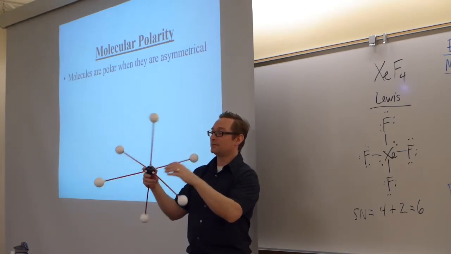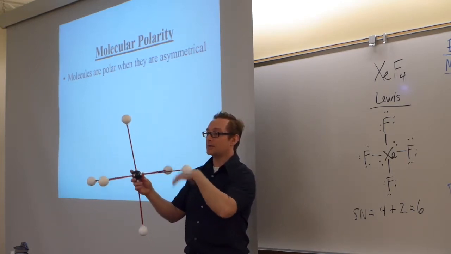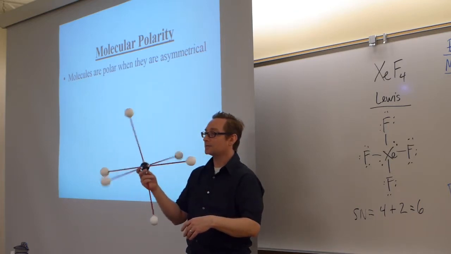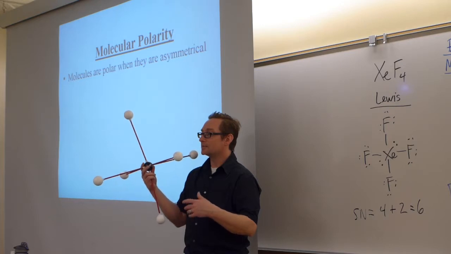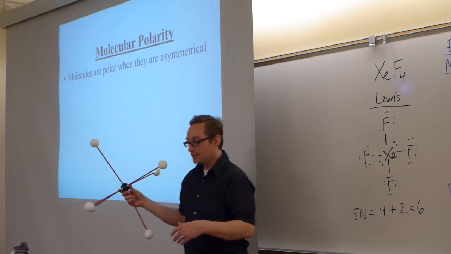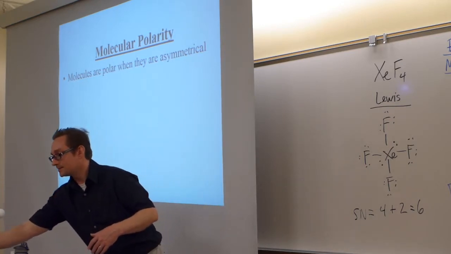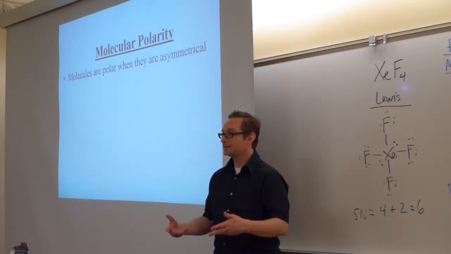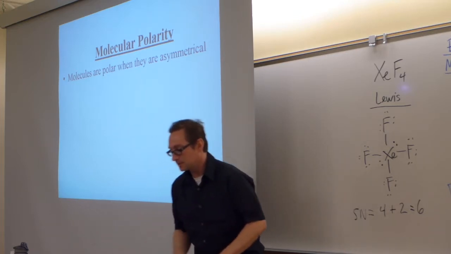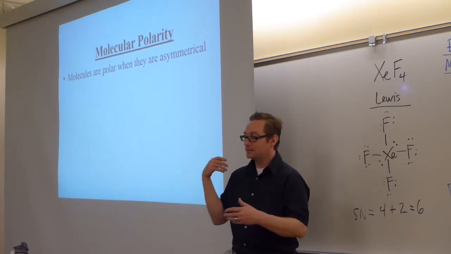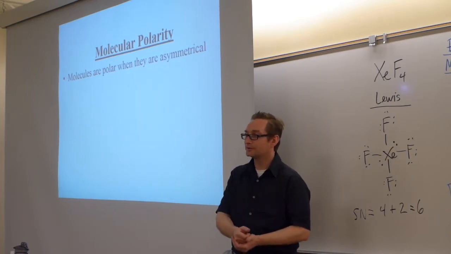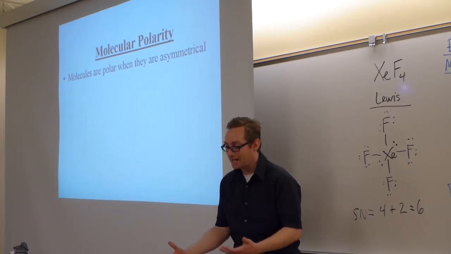So if you have a central atom and all the other atoms around it are the same, there's a high likelihood that it has a lot of symmetry, and we would say that it's non-polar. So polar means asymmetrical. Non-polar means symmetrical. Let me say it again. Non-polar, symmetrical. Polar, asymmetrical, or lack of symmetry.